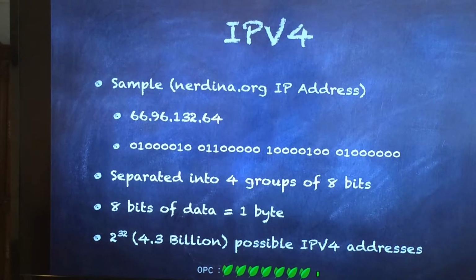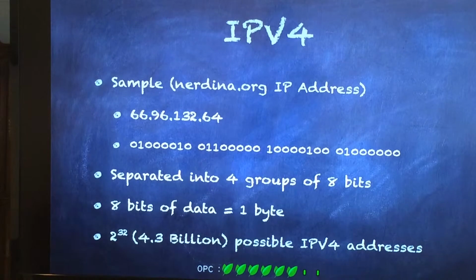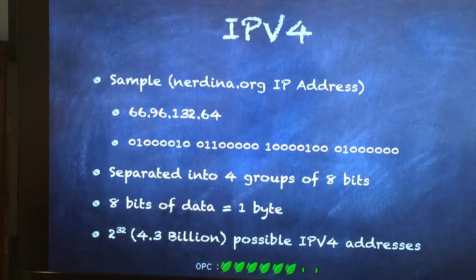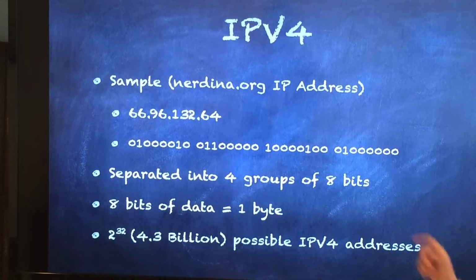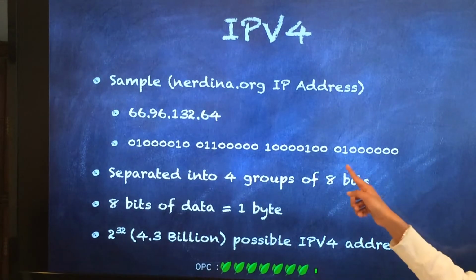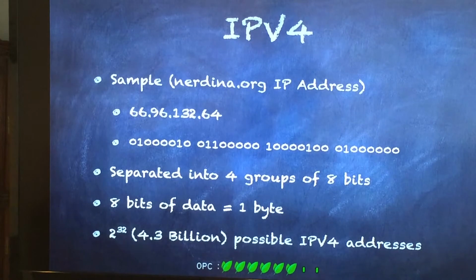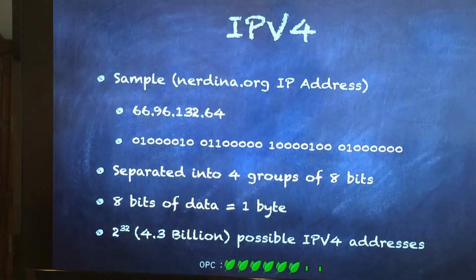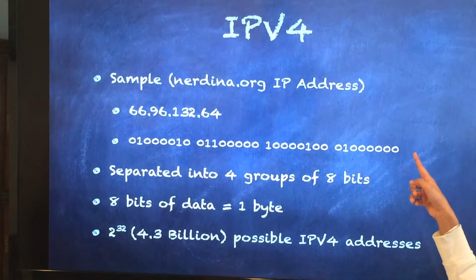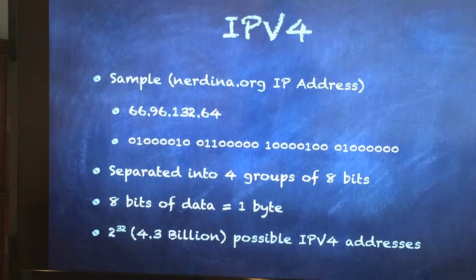As you can see, this IP address has been separated into 4 groups of 8 bits. So in each of these groups, there are 8 separate numbers. Now, 8 bits of data is equal to 1 byte. So in this IP address, we have 4 separate bytes.